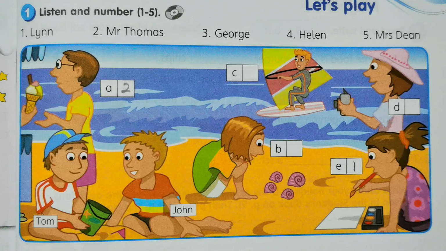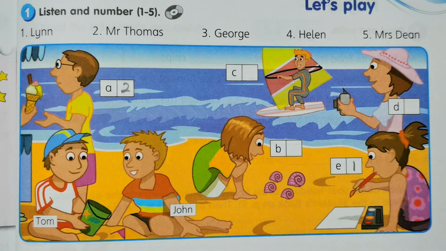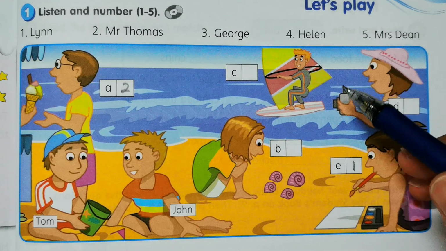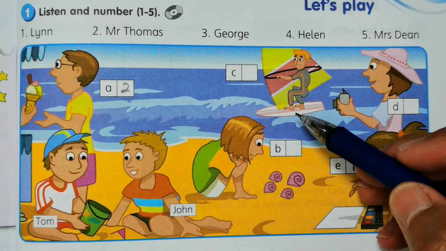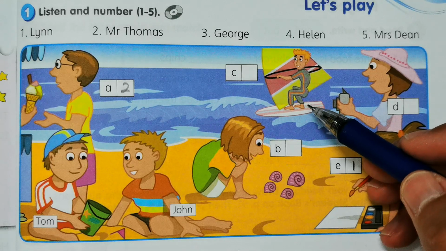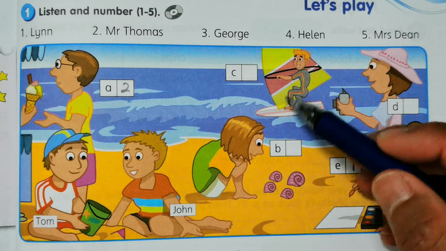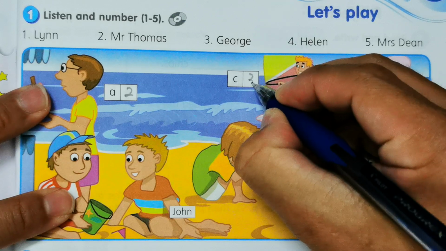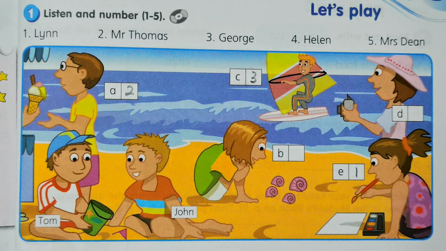3. Did you take any pictures yesterday, George? No, I didn't take any pictures. I went to the beach. Did you go swimming? No, I didn't. I went windsurfing. I love going windsurfing in the summer. 4. Hi, Helen. Did you go to the beach yesterday?